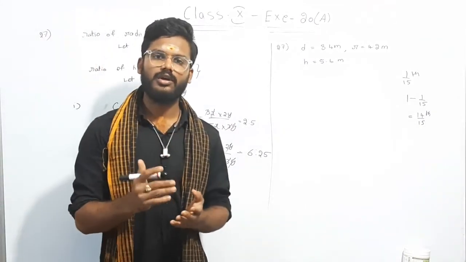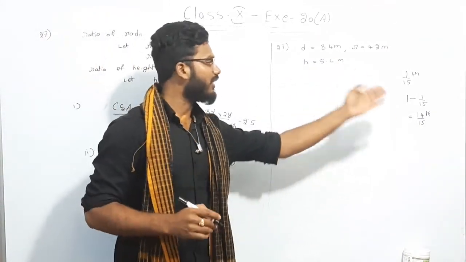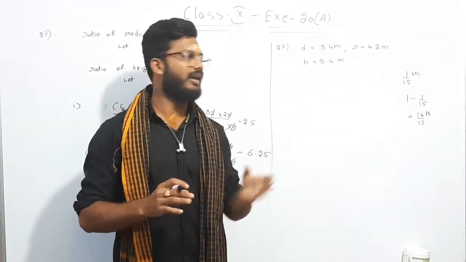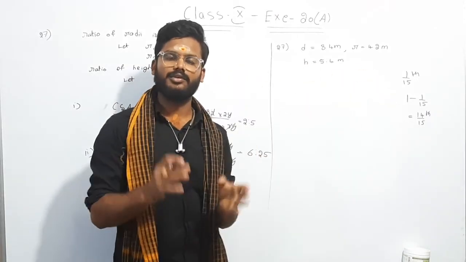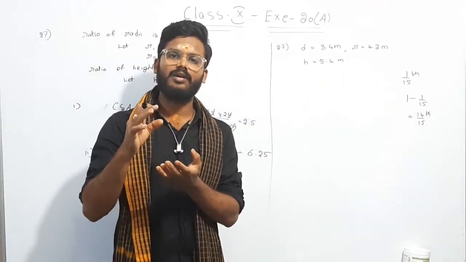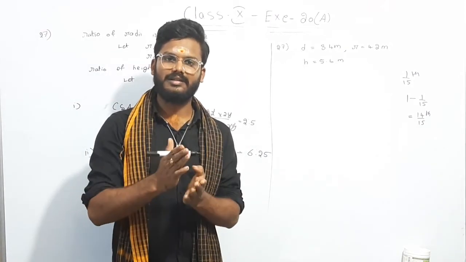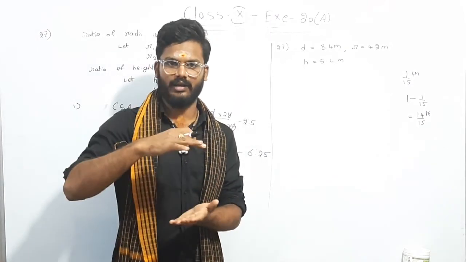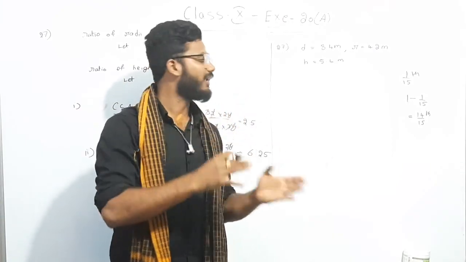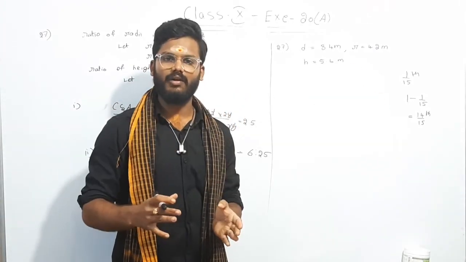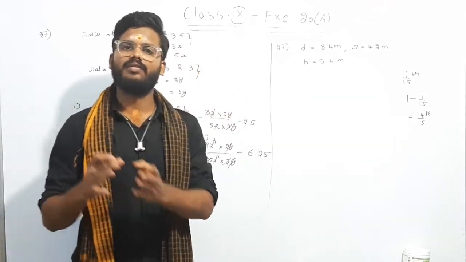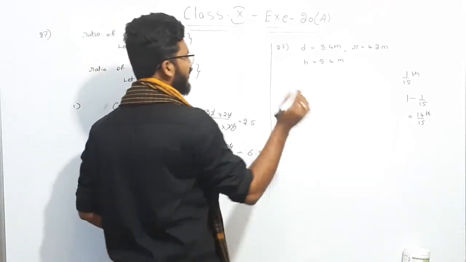So where will we use it? The area of this metal sheet is used in making the total surface area of the cylinder, right? So the area of the metal sheet is equal to the total surface area of the cylinder.